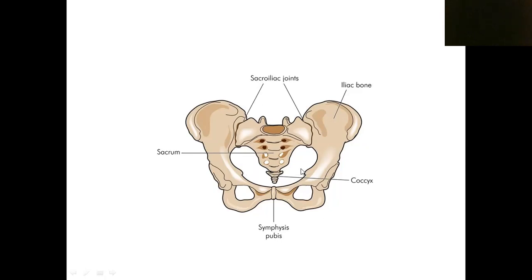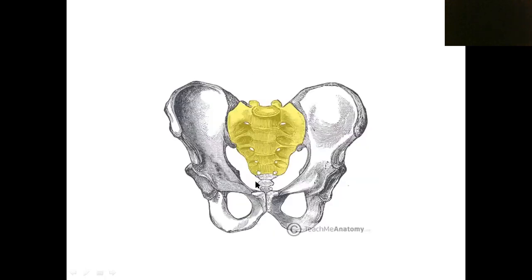Then about the foramen. The obturator foramen is almost triangular in females and almost oval shaped in males.